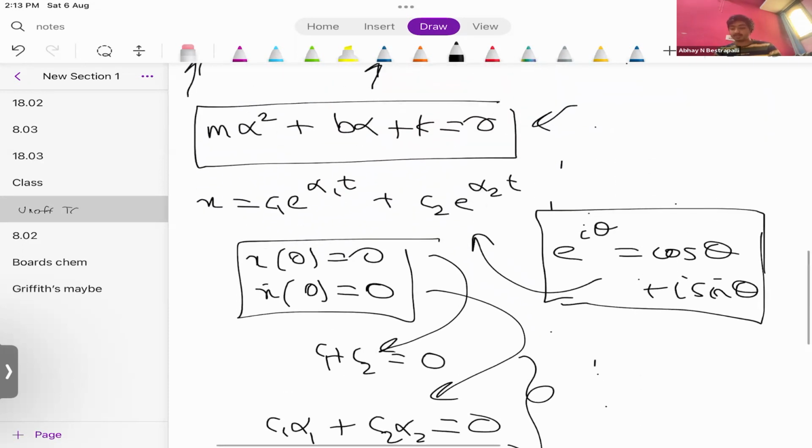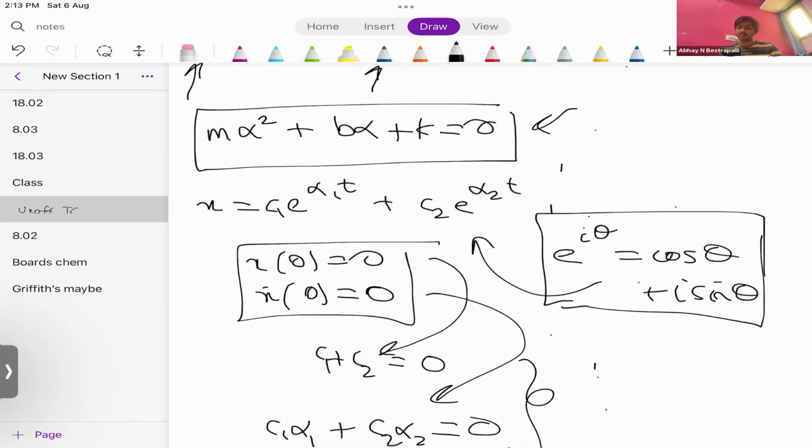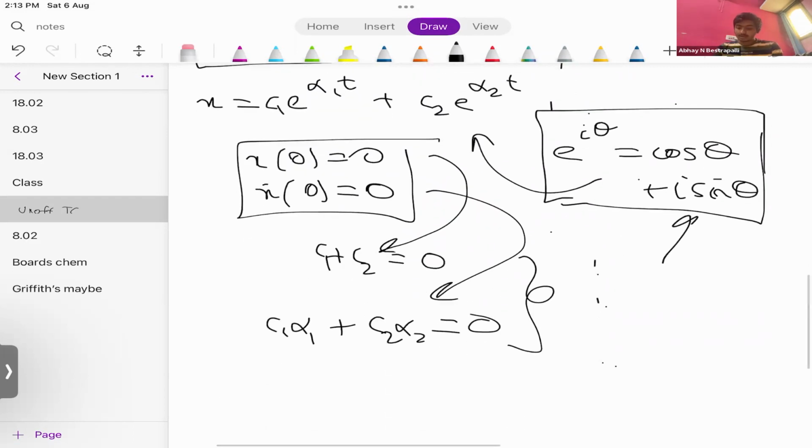If one of them is imaginary, of course, because they're the roots of this quadratic equation, the other one will also be imaginary. So you'll get something of the form C1 cos alpha t plus C2 sine alpha t, something like that.